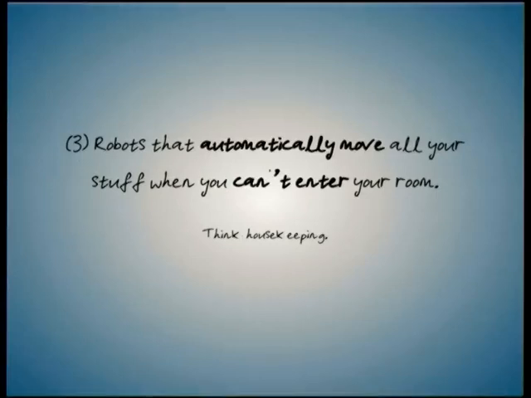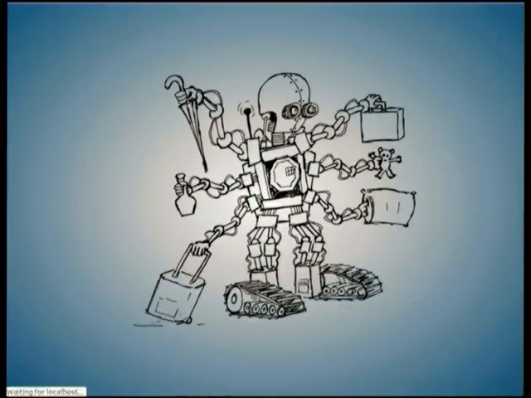That is not all of the problem that we need to solve. So for example, we also need to still be able to enter our room when housekeeping comes in and does our room. We want some robots that automatically move all our stuff when we can't enter a room. So if there's housekeeping in there or maintenance or something, we want something like this to move all our stuff completely automated to a completely different room, right?